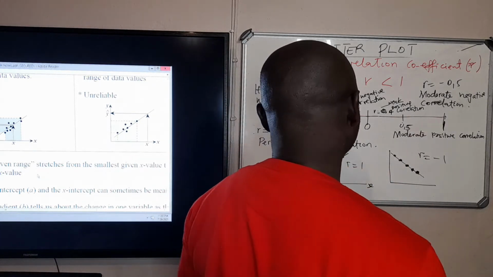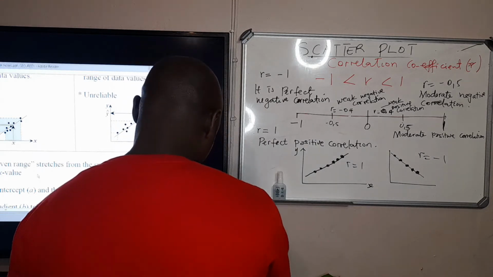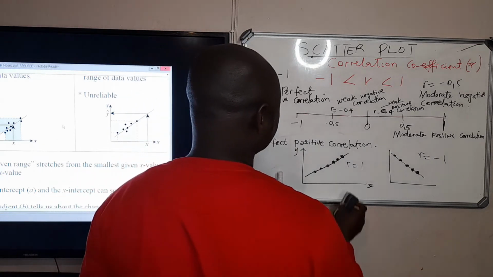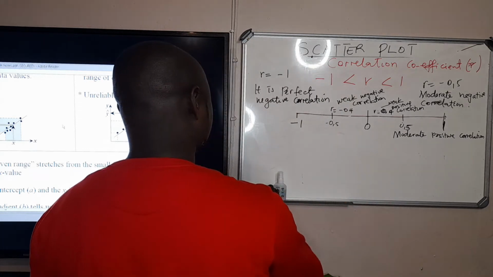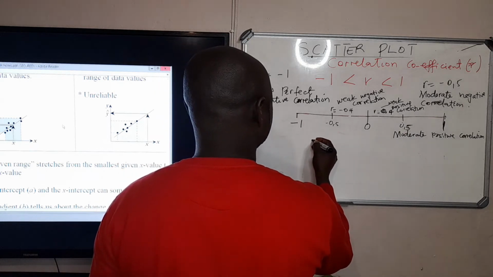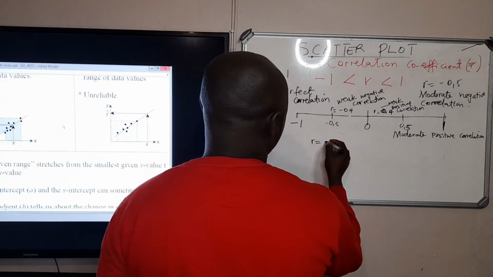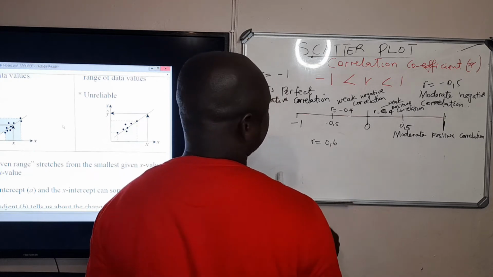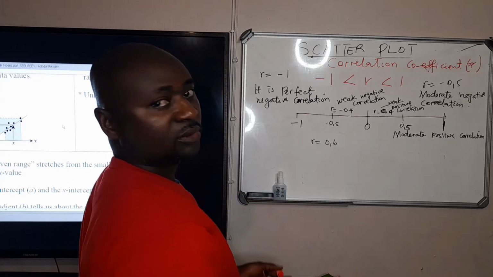Now let's say your R now is 0,6 for instance. So I hope you are following what I'm doing. Your R is 0,6. You calculated R and then you get R is equal to 0,6. Still, you will say moderate positive correlation.